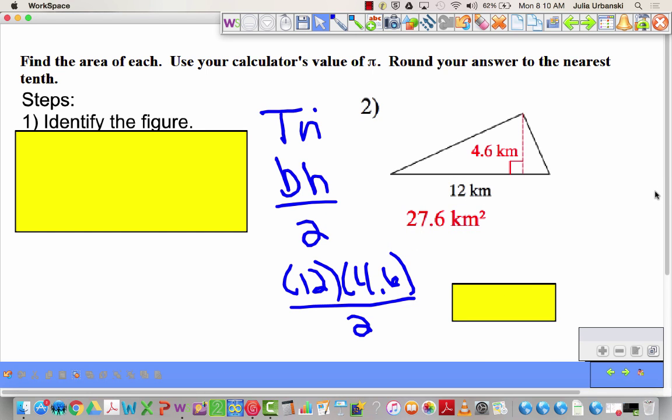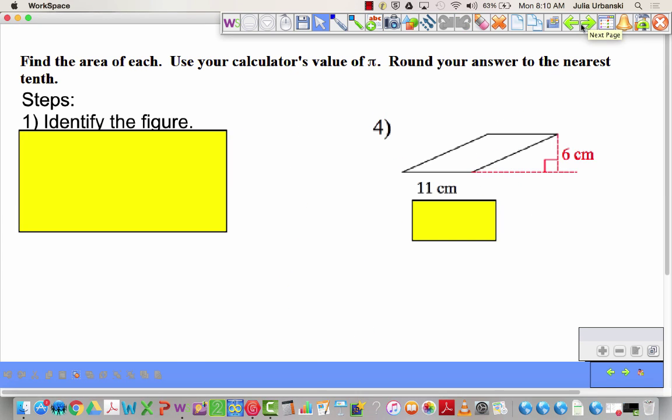Last one now, please. Don't put in numbers. I want to see that you identified the right shape, and then the right formula, and then put the right numbers in. Go. No numbers. The shape name and the formula.